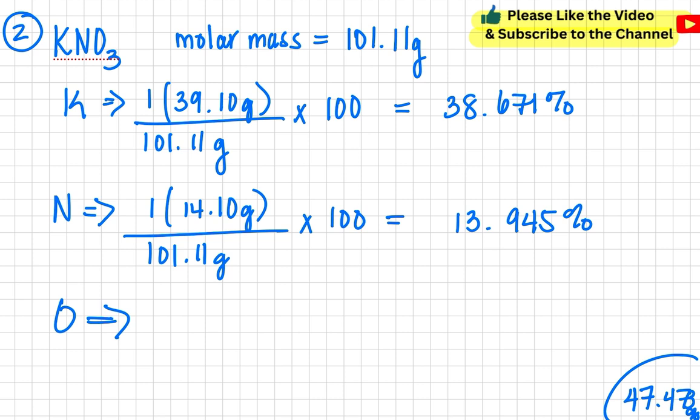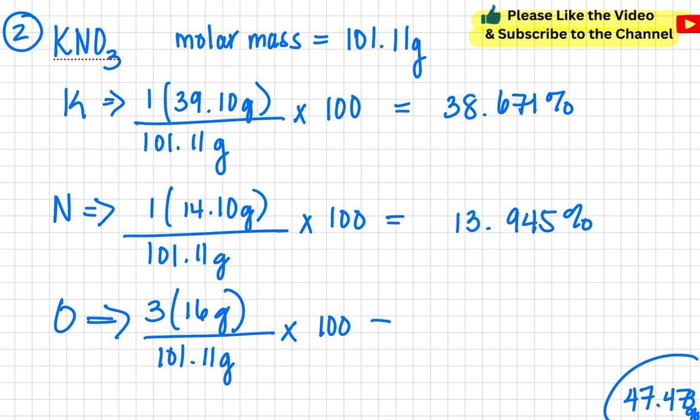But I'm going to also do the work. So for oxygen, now we have 3 atoms of oxygen in the molecule. So it's going to be 3 times the molar mass, which is 16 grams, over 101.11 grams times 100. And then when we put that in the calculator, it comes out to 47.473%.